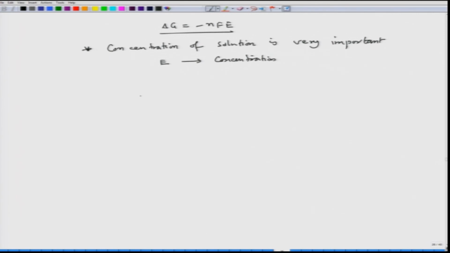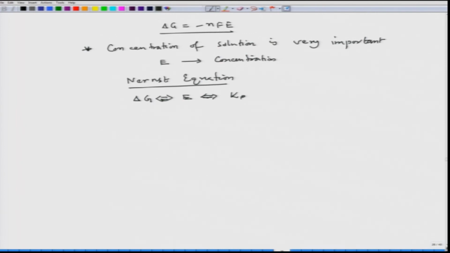Unless we have some relation between E and concentration, we will not be able to quantify, and that quantification would be possible if we have a relation which is popularly known as the Nernst equation. In that Nernst equation, we can relate free energy with potential with Kp, or the reaction constant.